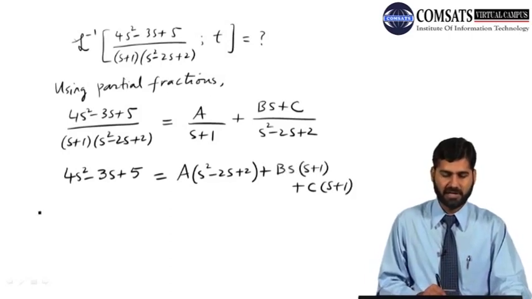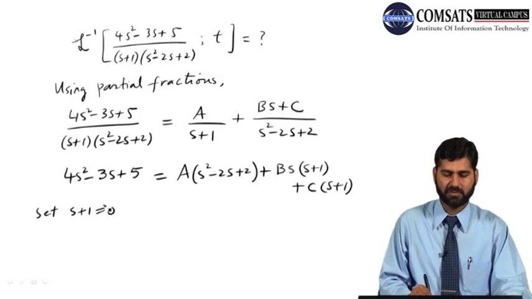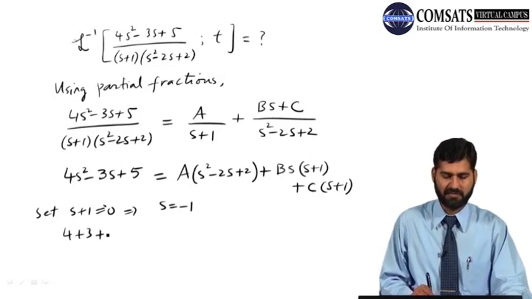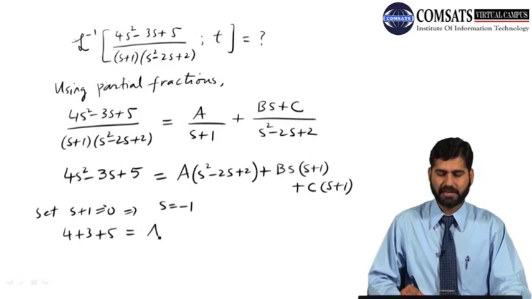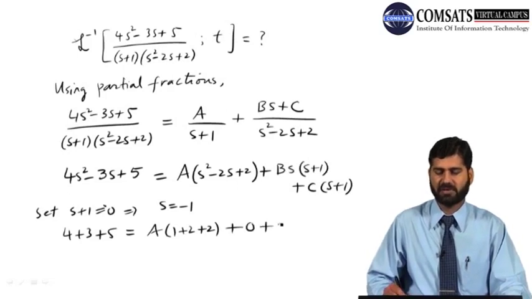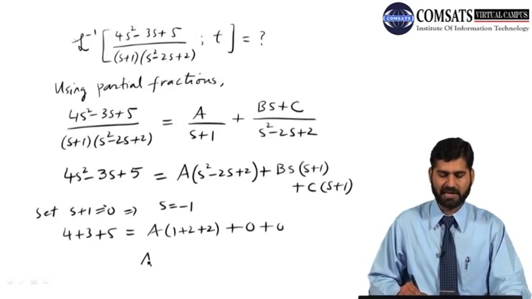So first of all, if we set s plus 1 equal to 0, means s is equal to negative 1, that will give me 4 plus 3 plus 5 equal to A times 1 plus 2 plus 2 plus B times 0 plus C times 0, because s plus 1 is 0, so these both terms will drop out, and from here I'll get the value of A, which is 12 by 5.